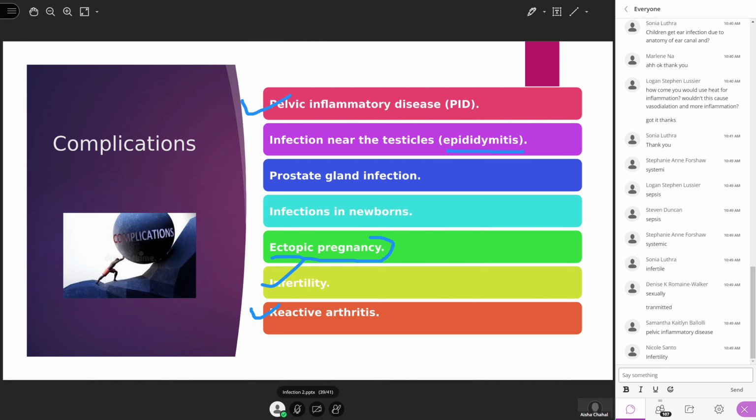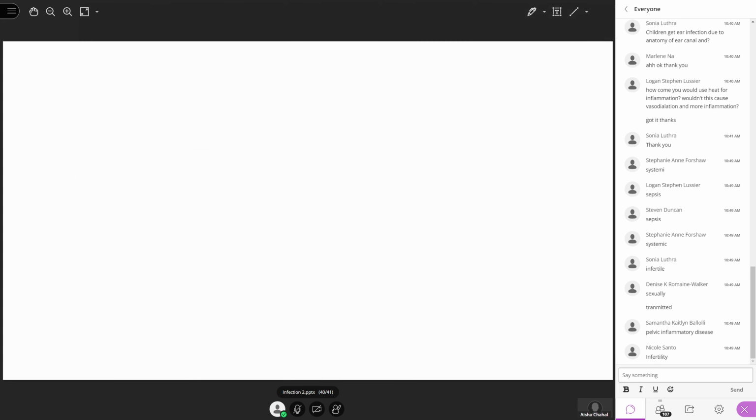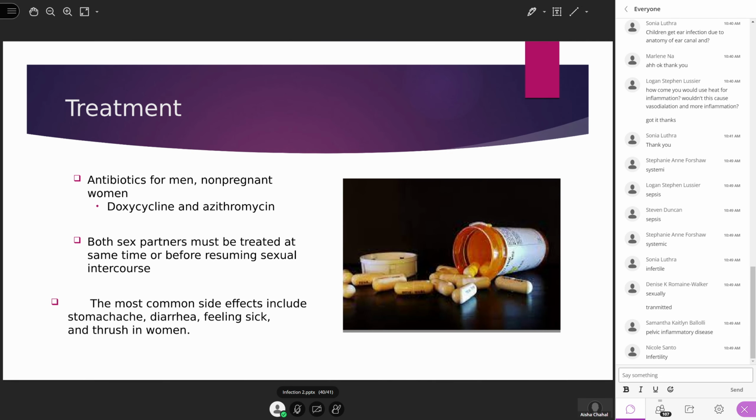Reactive arthritis is a type of arthritis which is caused by a bacterial infection. So really, it is saying that if there is a chlamydial infection, it can spread to other organs. I listed these complications, but any other organ can get affected because of the bacterial invasion, again, through the circulatory system and through the lymphatic system. Okay, so these can be the complications.